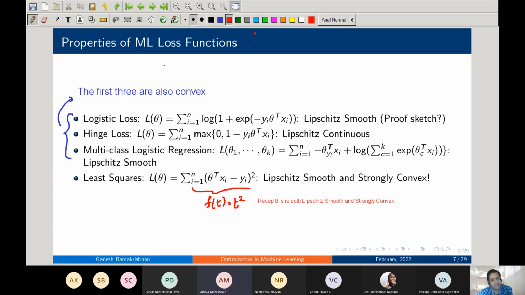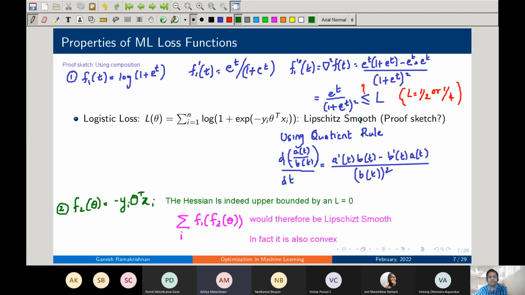And more so for logistic loss, it turns out that it's also Lipschitz continuous. So I should probably have mentioned that there. I'm assuming you will probably try this out. So this turns out to be Lipschitz continuous as well.